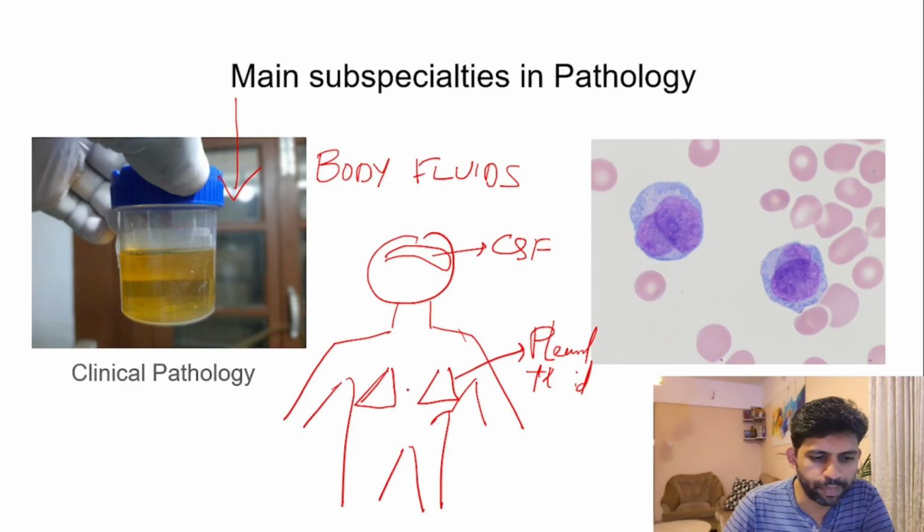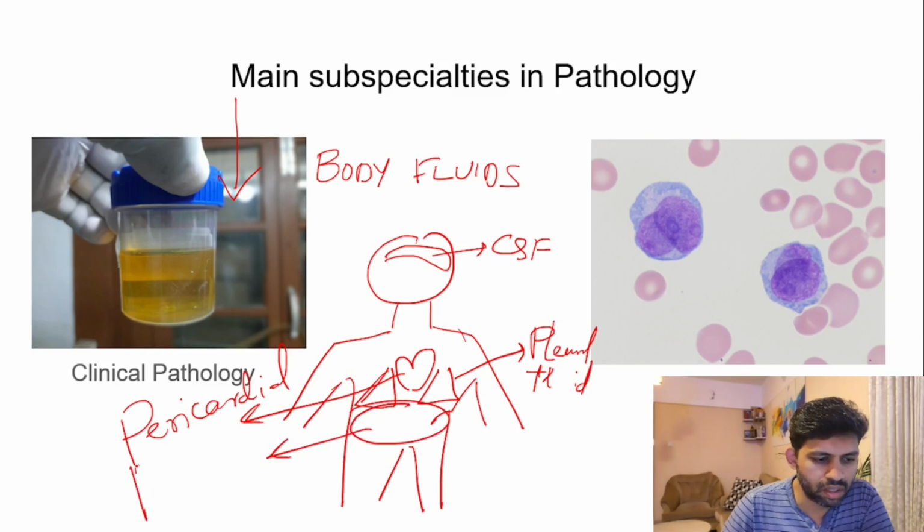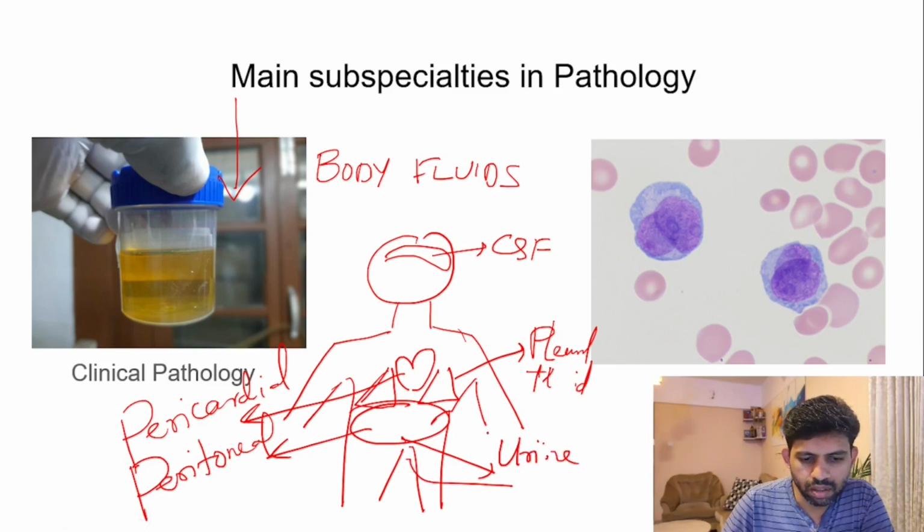There is a heart in the middle. So pericardial fluid. In the abdomen, peritoneal fluid. Then urine, feces.